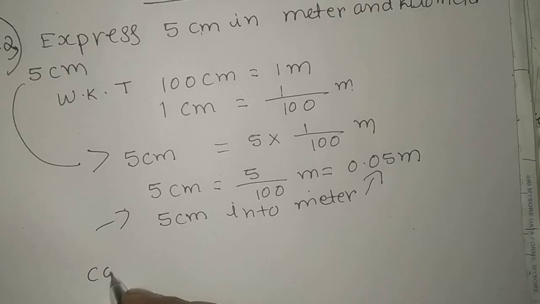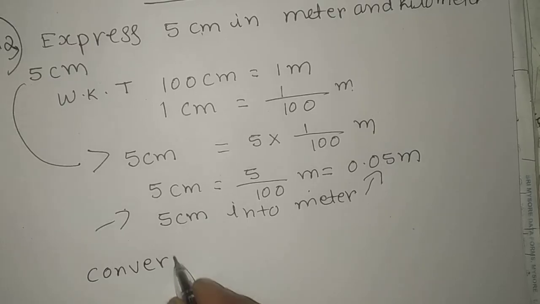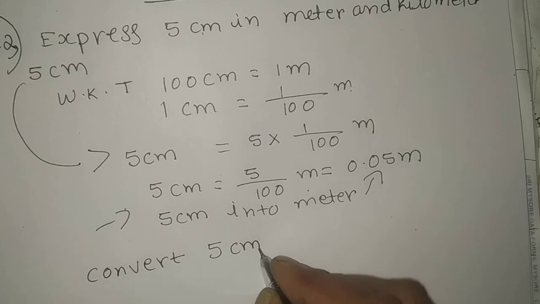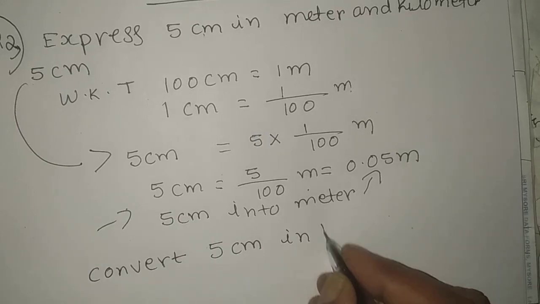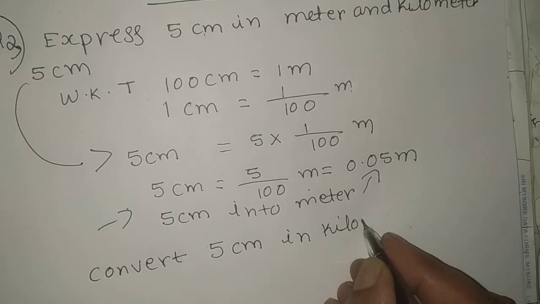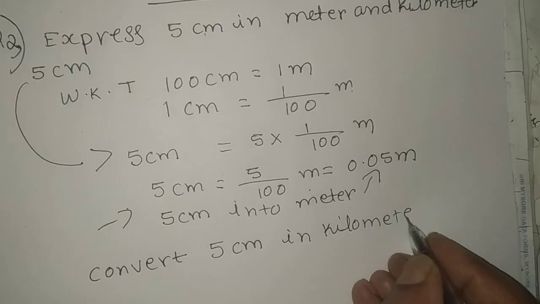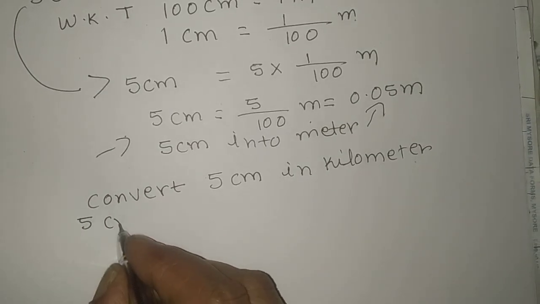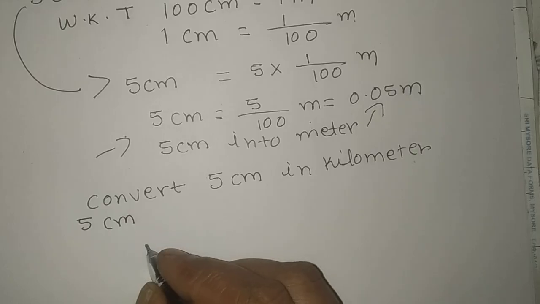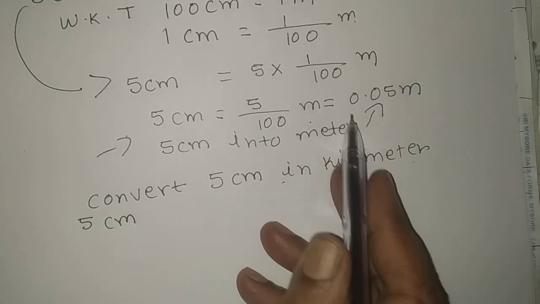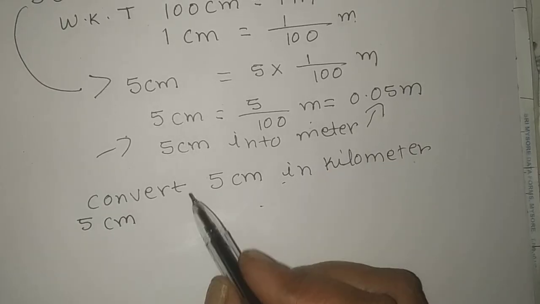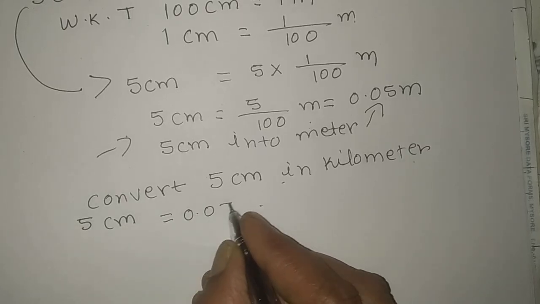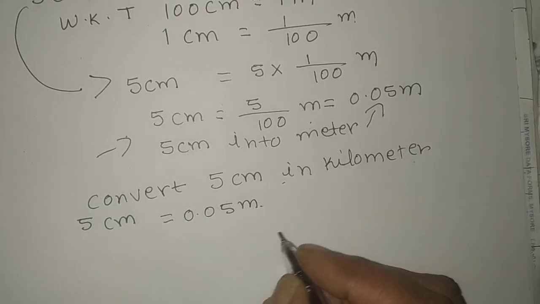Now convert 5 centimeters in kilometers. So this one we have in meters. Now in kilometers, 5 centimeters is equal to 0.05 meters.